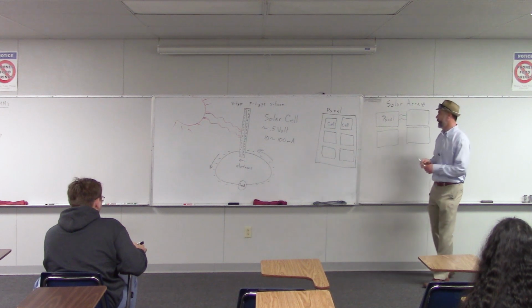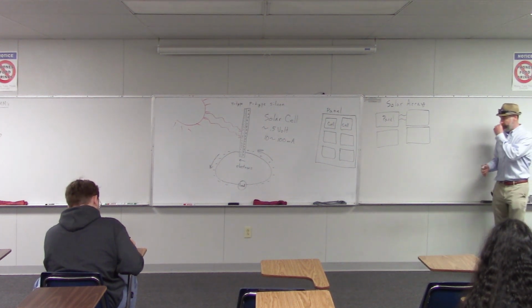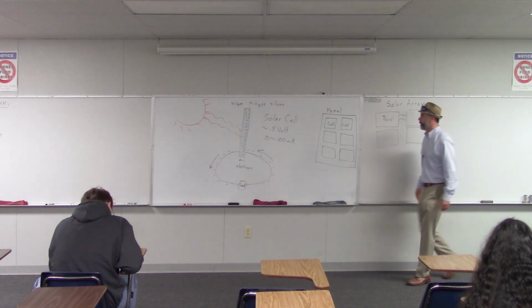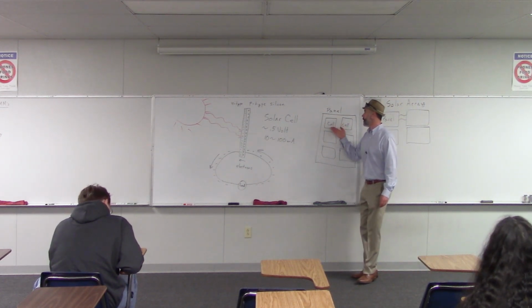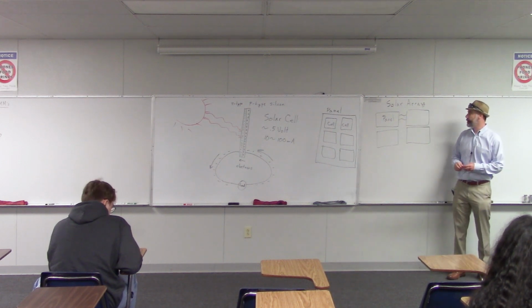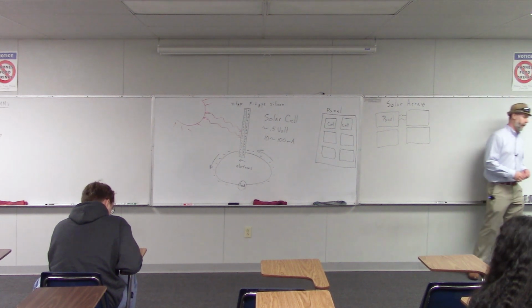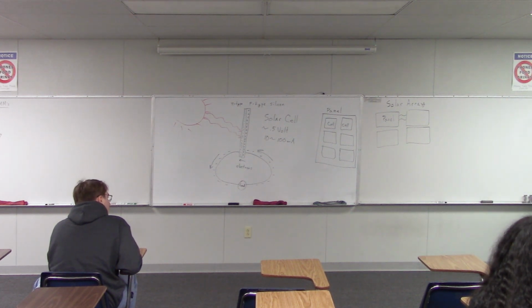So that's what you would see on top of a house or an industrial building. So a panel is a group of cells, and an array is a group of panels. And you can make these arrays just about as large as you want.